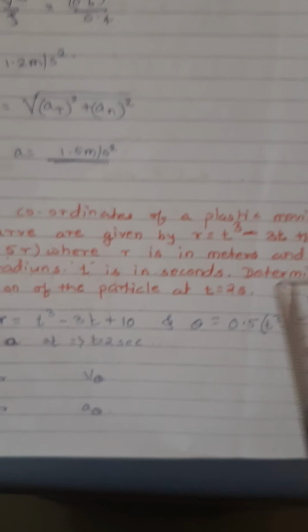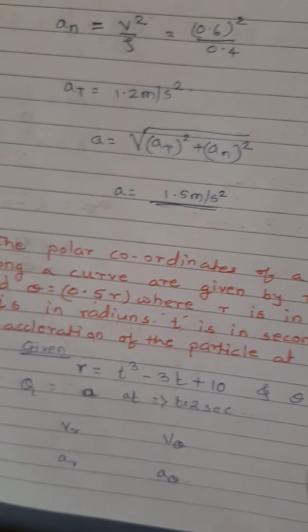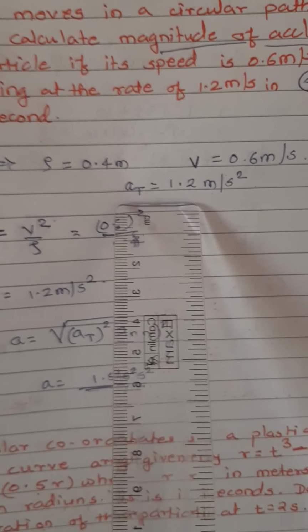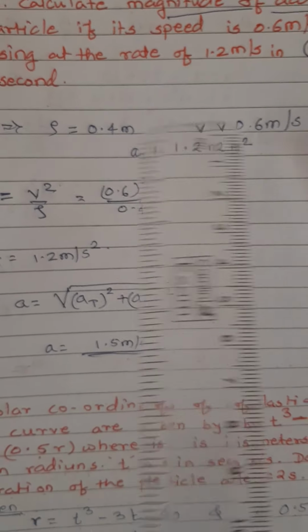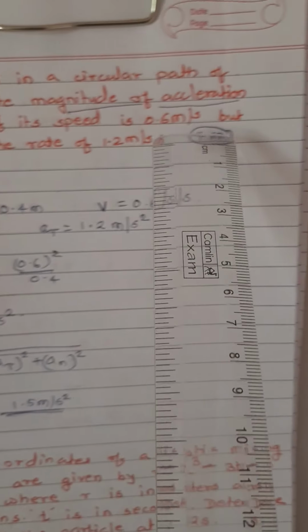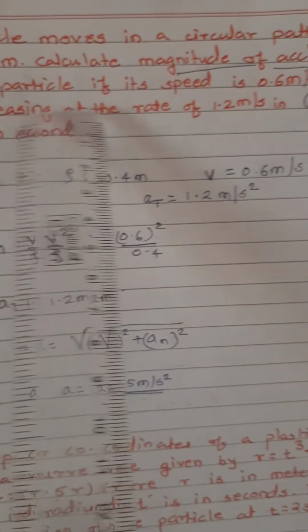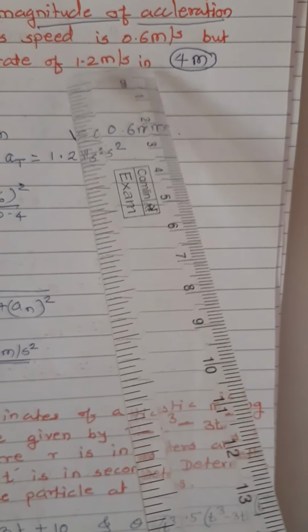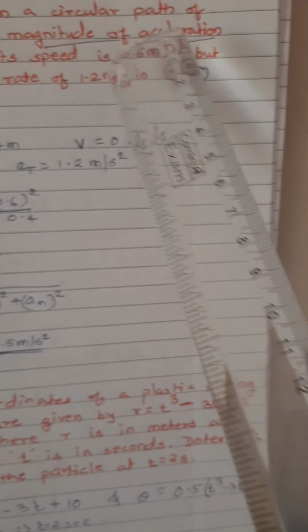So here what they have given is the value of the tangential component of acceleration, that is at. The speed increases at 1.2 meters per second in each second.